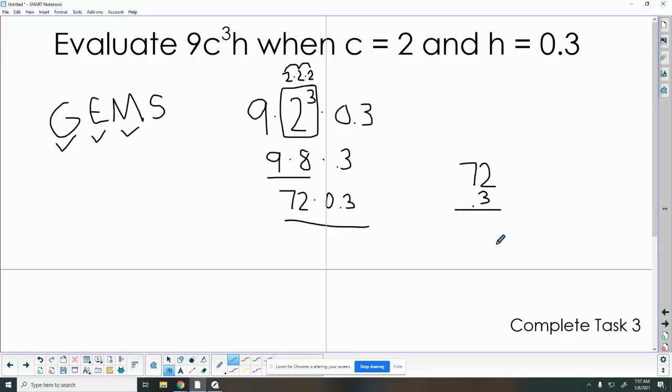So 3 times 2 is 6. 3 times 7 is 21 with 1 decimal place. So this value is 21.6. So please follow your gems. Plug in the values, write down gems, and follow each step. So go ahead and complete task 3, and then come back when you are ready to do task 4.